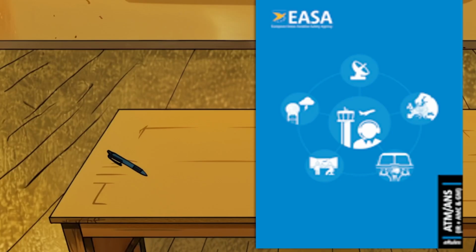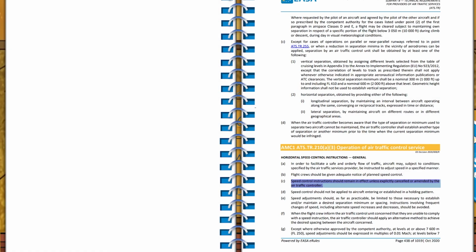ATS TR 210C: except for areas of operations on parallel and near parallel runways referred to in point TR 255, or when a reduction of the separation minimum at the aerodrome can be applied, separation by an air traffic control unit shall be obtained by at least one of the following: 1. Horizontal or 2. Vertical separation. The vertical separation minimum shall be the nominal 1,000 feet up to and including flight level 410 and 2,000 above that level.